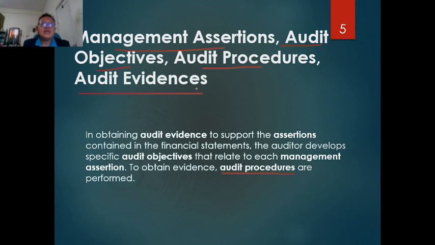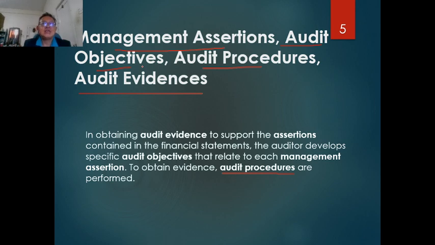Let me wrap up the relationship between management assertions, audit objective, audit procedure, and audit evidence. First, management assertions: what are the management assertions that you are going to check? For example, completeness of the record of sales. So management asserts that all sales are completely recorded. Then you need to identify the audit objective, which is to check whether the sales are completely recorded or not.